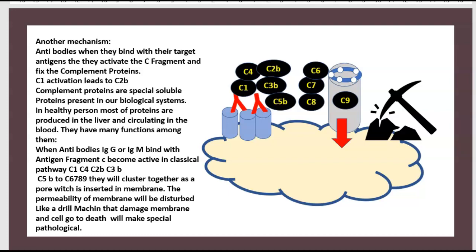They cluster together as a pore which is inserted in the membrane. The permeability of the membrane will be disturbed, like a drill machine that damages the membrane, and the cell goes to death, which makes the pathology.